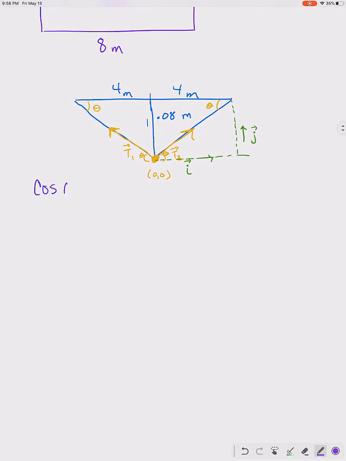I know that the cosine of theta is equal to the adjacent over the hypotenuse. And in this case, if this is theta, then the adjacent is the I component and the hypotenuse is the length of T2.